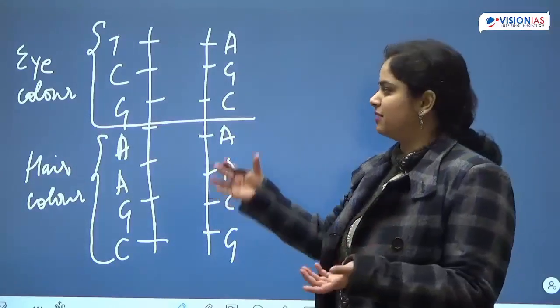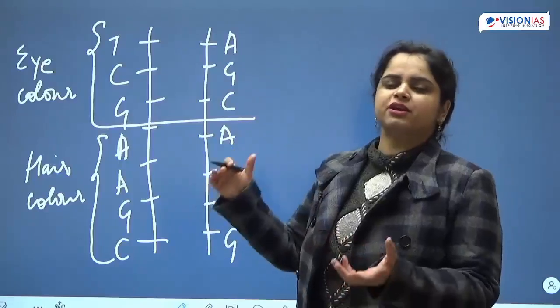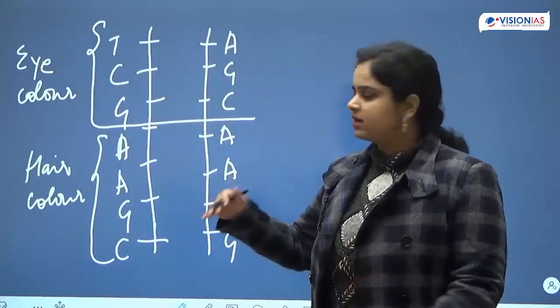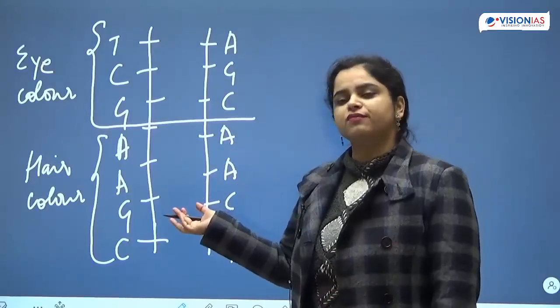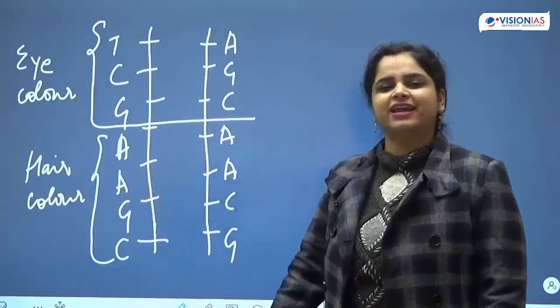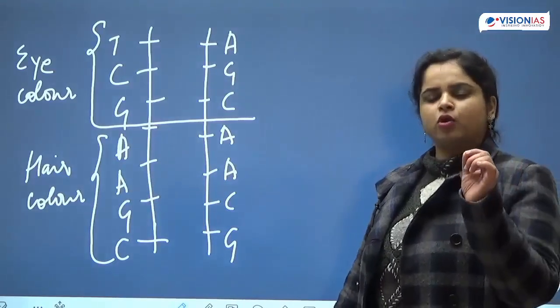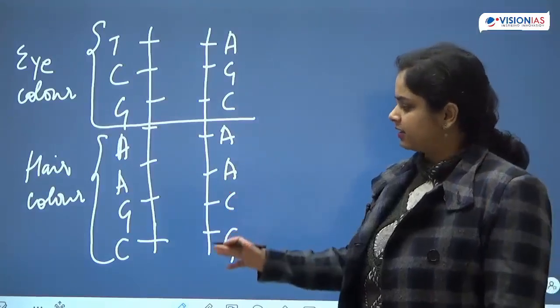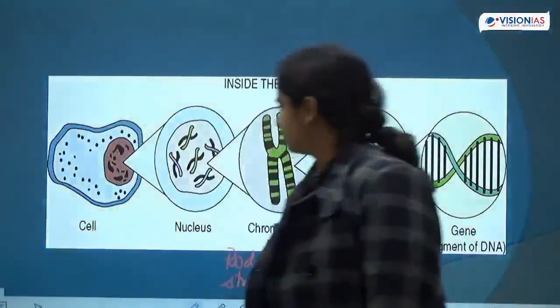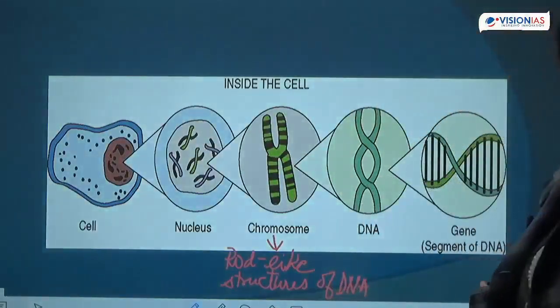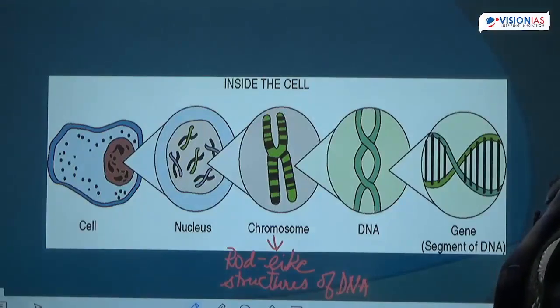Genes are nothing but a smaller part, a smaller segment of DNA, which is going to be responsible for giving us specific characters. Okay, so you already have the information of the other things. You can just add this one concept of gene being the segment of DNA.